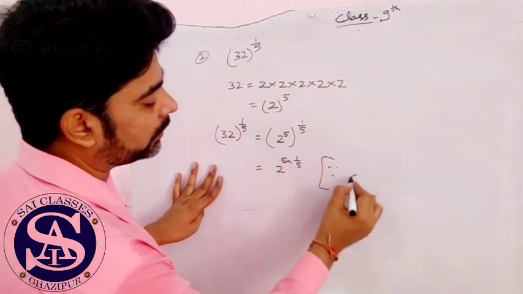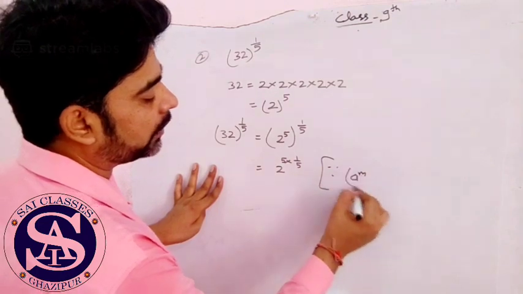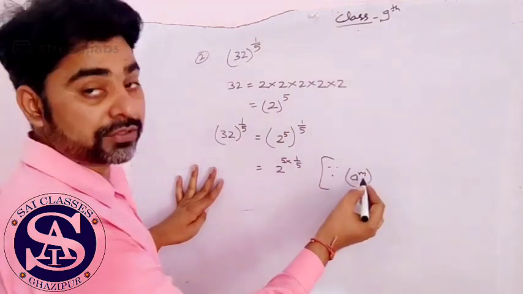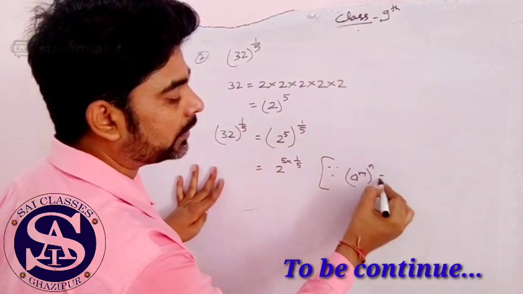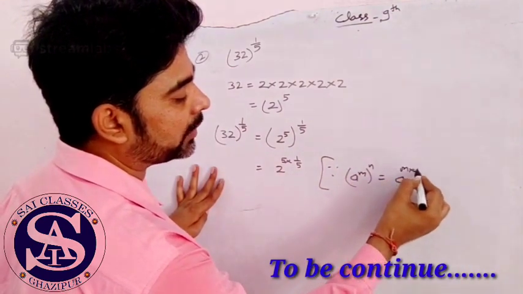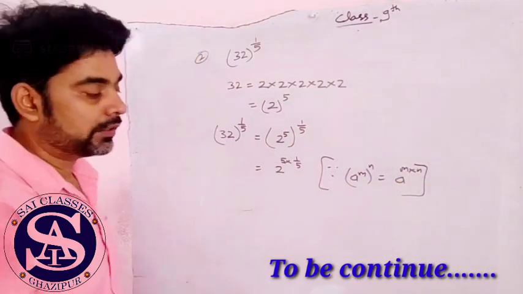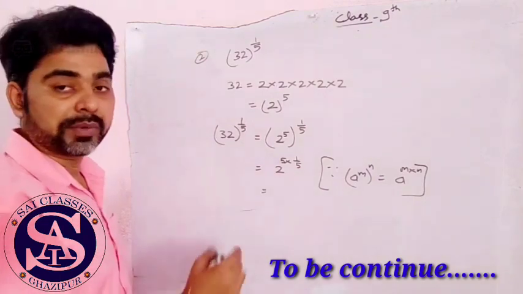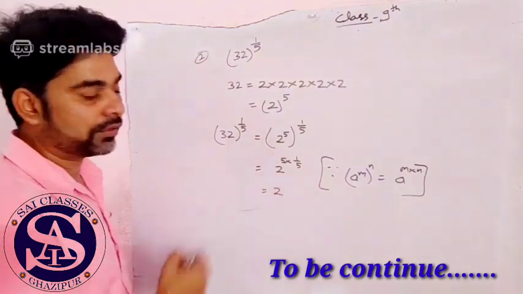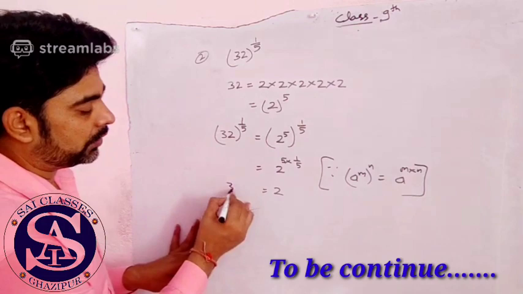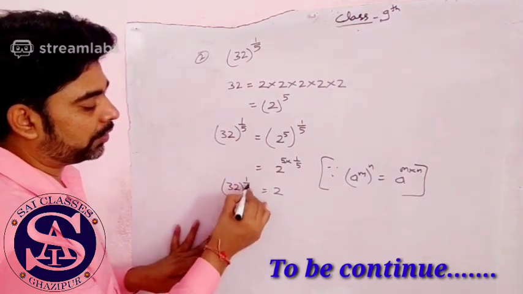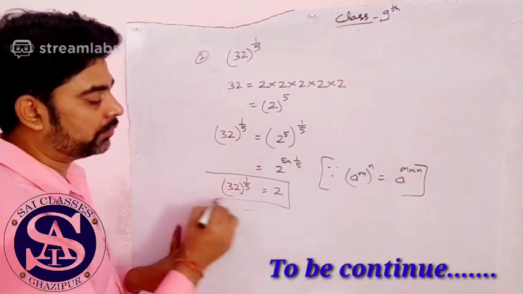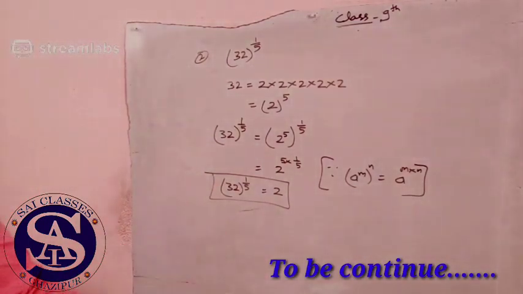According to the exponent rule, a raised to m whole raised to n is a raised to m multiplied by n. So here 5 and 5 cancel and we are left with 2. So 32 raised to 1 upon 5 is equal to 2. Please take a screenshot.